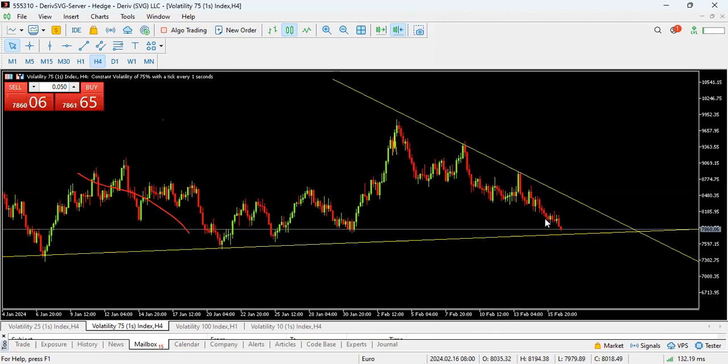Though it's going down, the sellers are getting weak as it's approaching this very strong zone. But if you want to wait for the buy, once the price gets to this point, it has to break this particular trend line and give you a retest. Then you now know that the market may likely go to the upside. So that is how you look out for the breakout and retest strategy to jump on board.